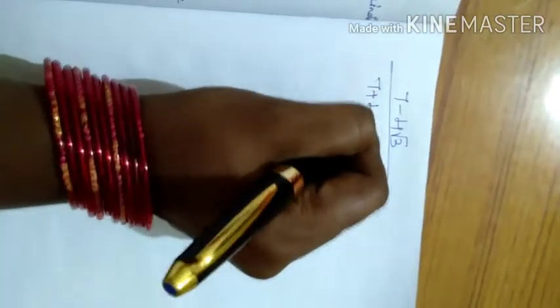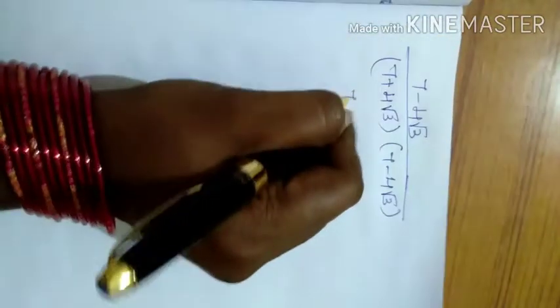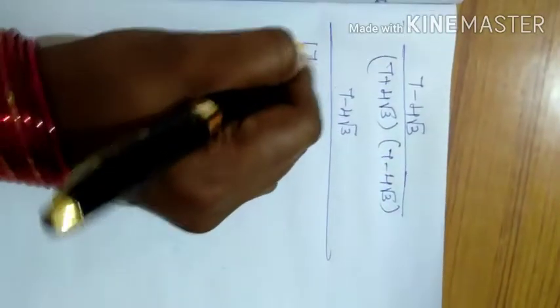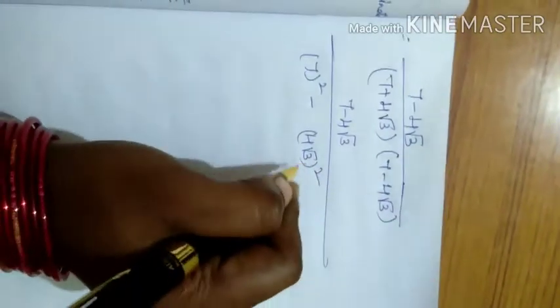I will tell you here clearly. What is the value? 7 minus 4 root 3 divided by 7 plus 4 root 3 into 7 minus 4 root 3. Next, 7 minus 4 root 3 divided by 7 square minus 4 root 3 whole square. Is this clear? Good.